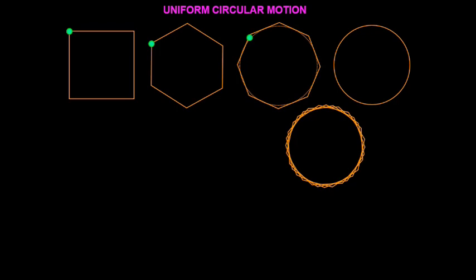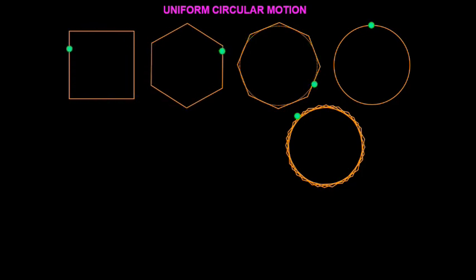This one, you can see they're gradually approaching the circular path, so they are changing the direction at every instant, and that is for the circle. And this one is a more complex direction.